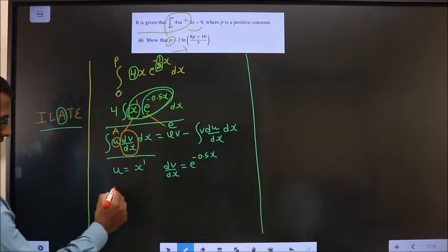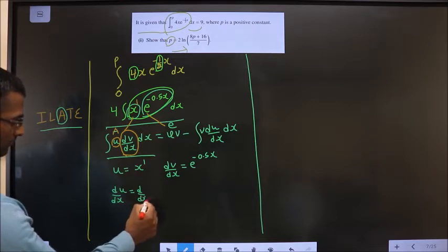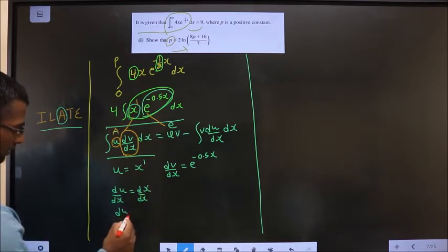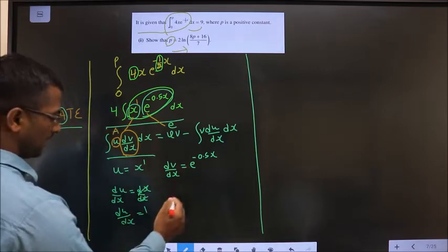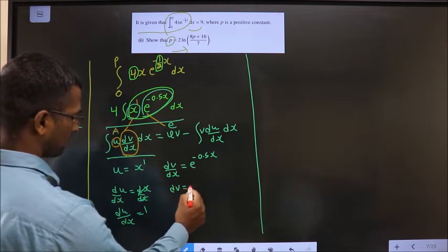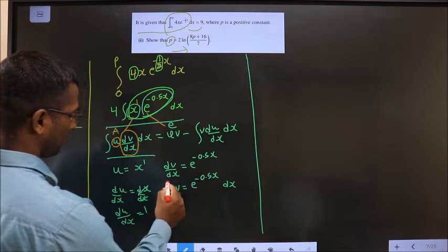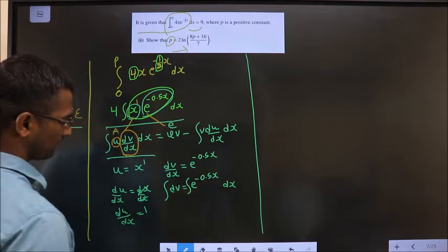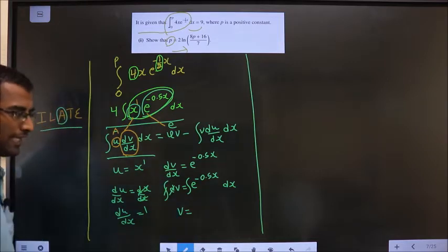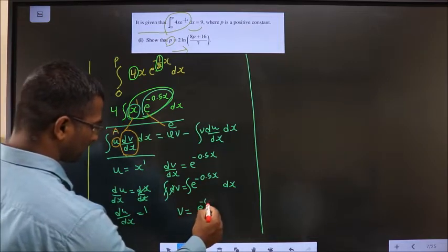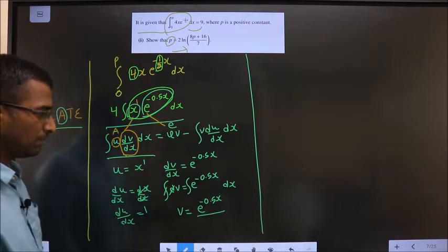Here, take d by dx on both sides. So du by dx is equal to 1, and send dx to that side. So dv equals e power minus 0.5 x dx. Now do integration on both sides. v is equal to the integration of e power x, which is e power x only, divided by the derivative of whatever you have in place of x.